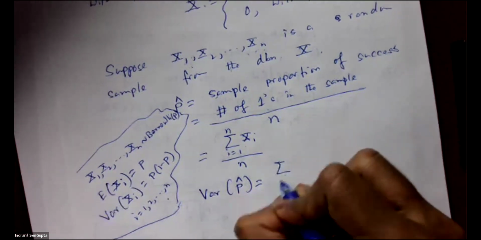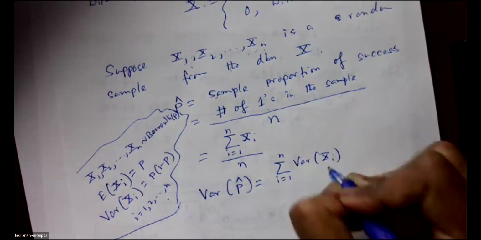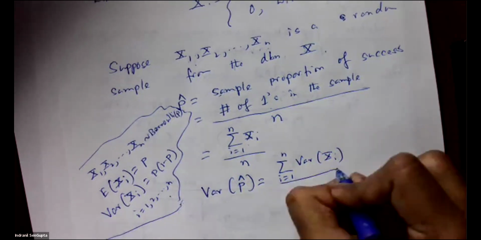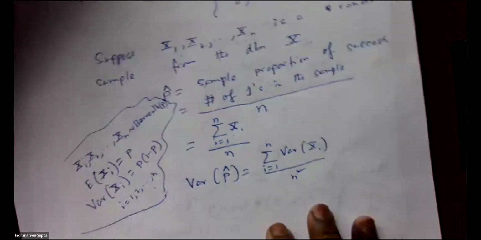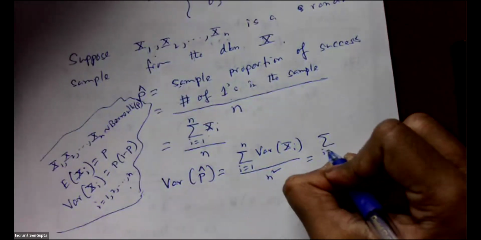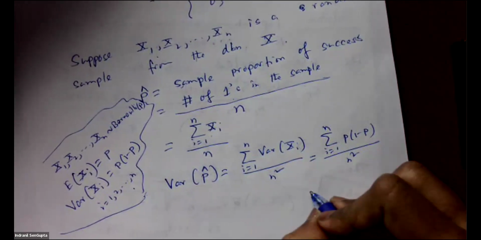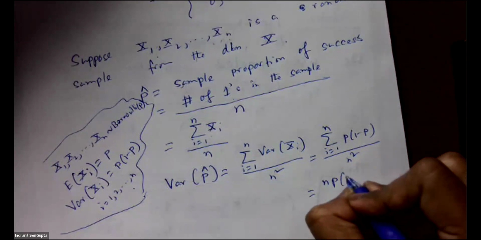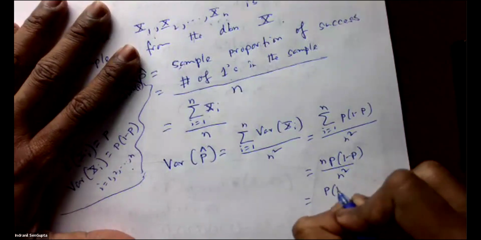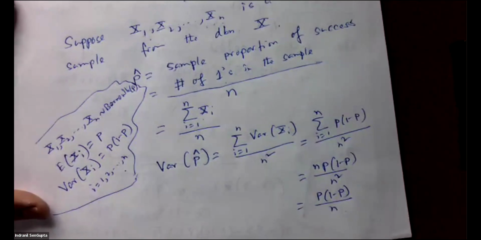So it's the sum of the variances of xi over n squared. All these variances are p times 1 minus p, over n squared, and there are n of those. So it's n times p(1 minus p) over n squared, which is p(1 minus p) over n. That is the variance of p hat.